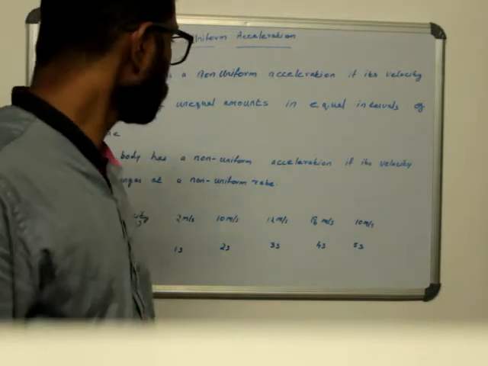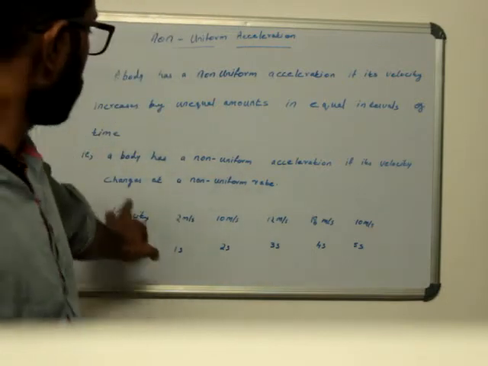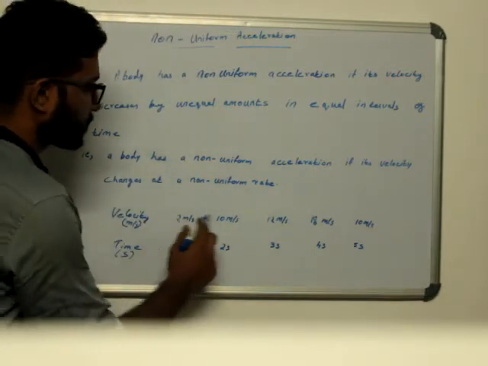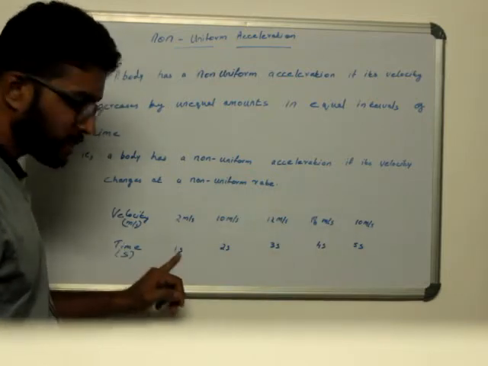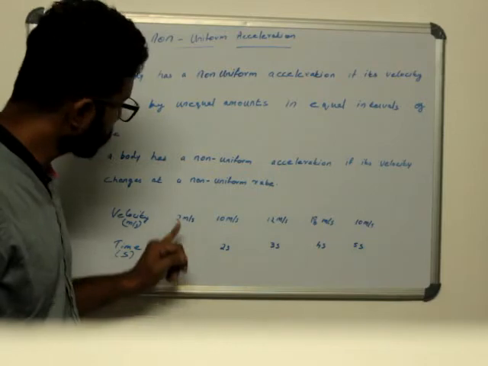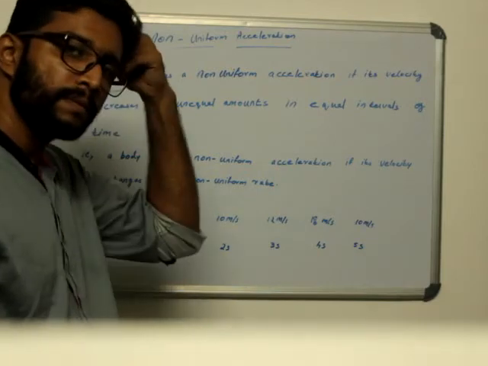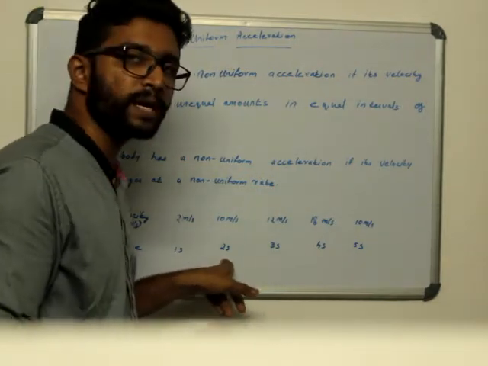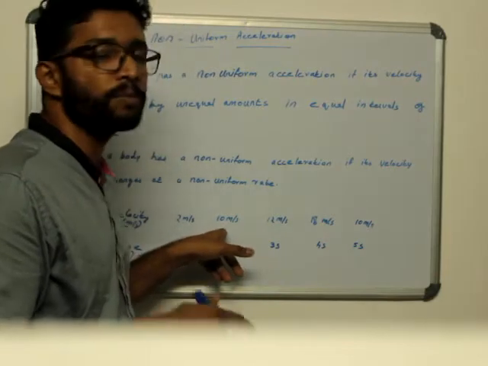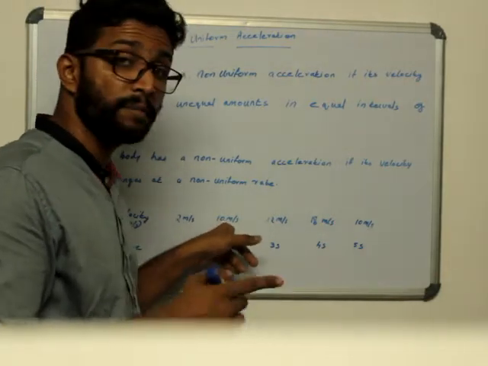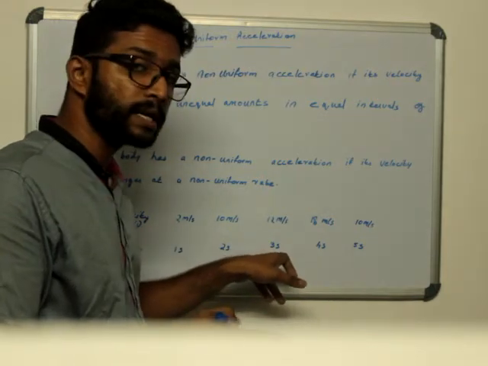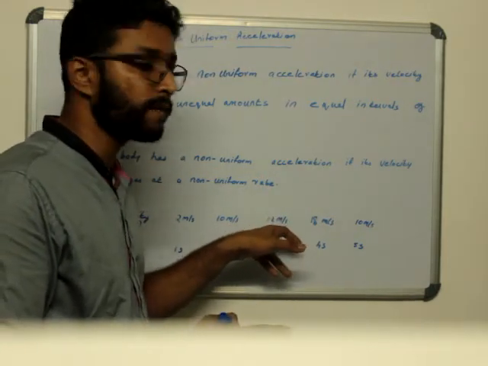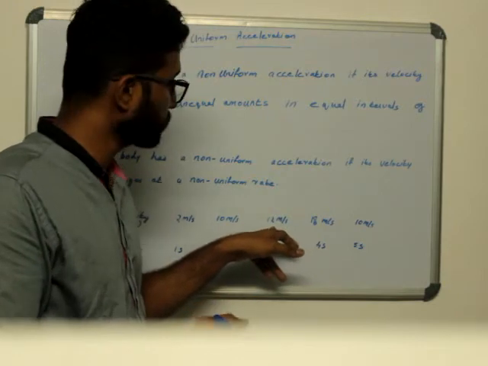For example, I have given a column in this: velocity is plotted here, time is plotted here. In the first second, the object was traveling at 2 meters per second. In the second second, the object was traveling at 10 meters per second. In the third second, 12 meters per second.